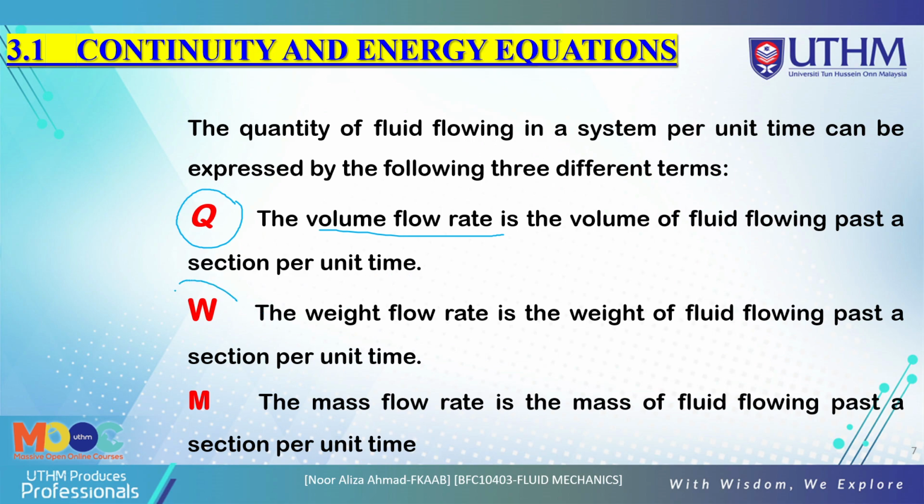Okay, the W is the weight flow rate, the weight of fluid flowing past a section per unit time. And the M is the mass flow rate, the mass of fluid flowing past a section per unit time. So these are the three terms: volume flow rate, weight flow rate, and mass flow rate.